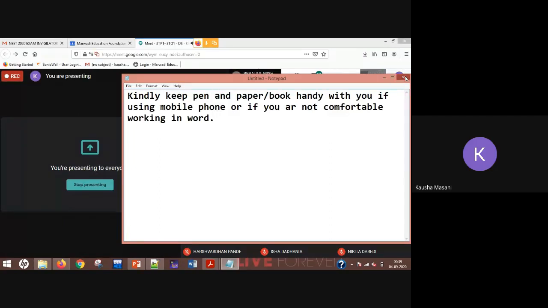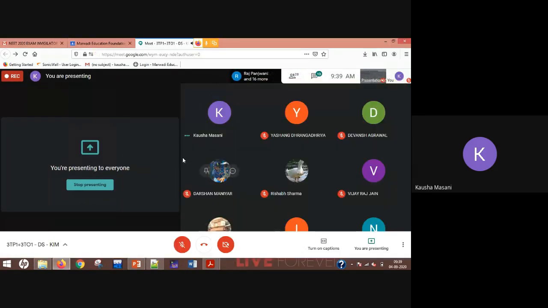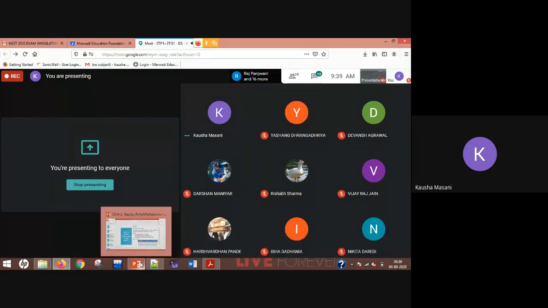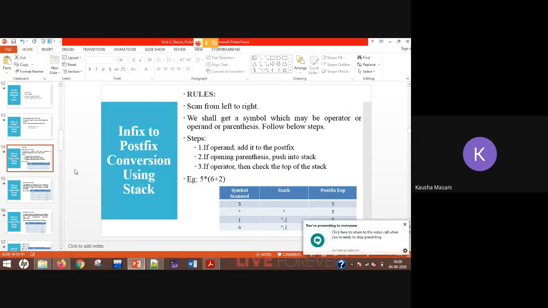So, in our last lecture, we have seen the infix to postfix conversions using stack, where there were some rules, we were following those rules, and we have converted your infix into postfix.